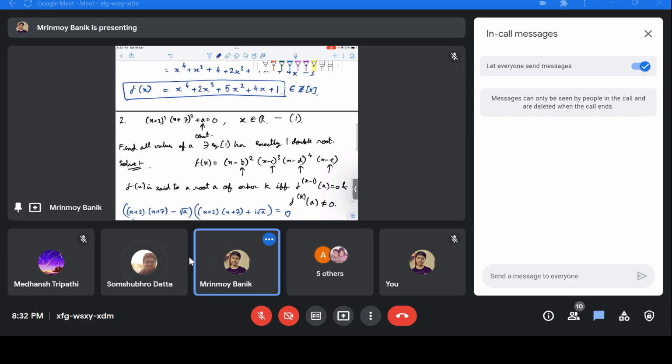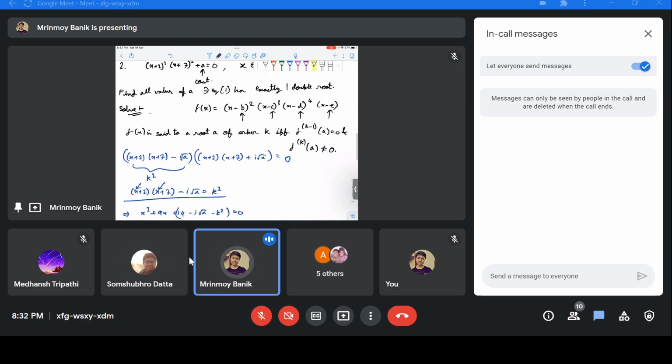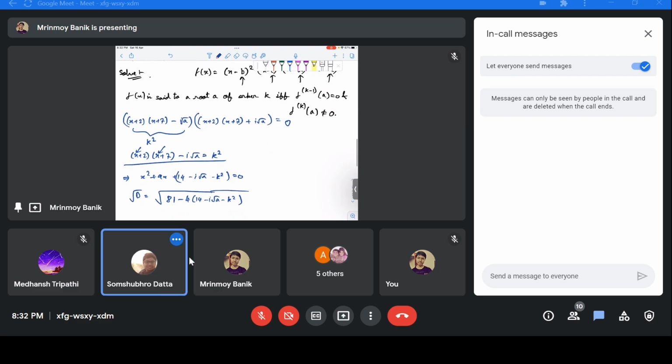Just a minute, this was the equation. If we substitute k to be zero, then how are we imposing that double root condition anyway? So, for a double root, the quadratic equation's discriminant should be zero, right? So we are trying to find that only.